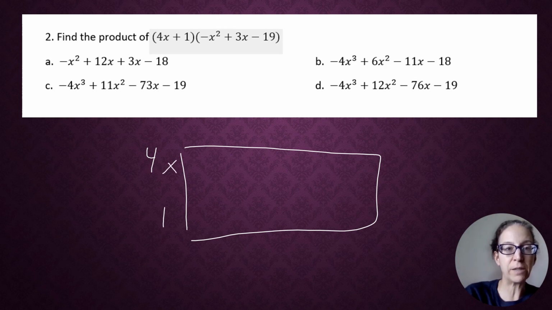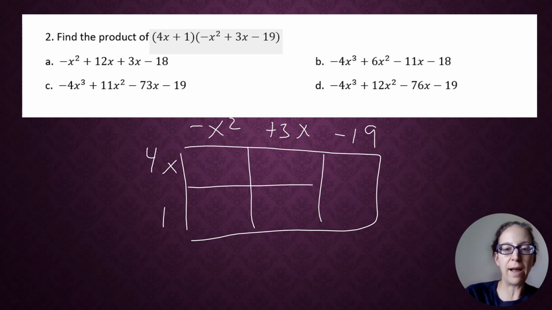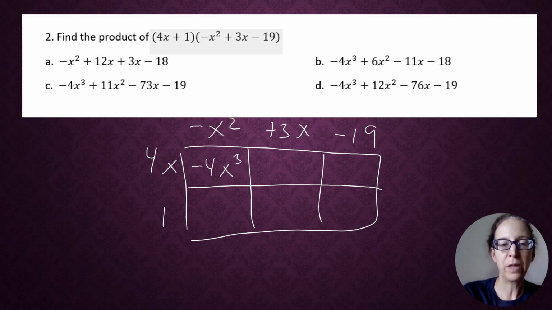So we have (4x + 1)(-x² + 3x - 19). I'm going to show you something that I would do. When I was looking at this problem earlier, I multiplied the corners. 4x times -x² is -4x³, and then 1 times -19 is -19.